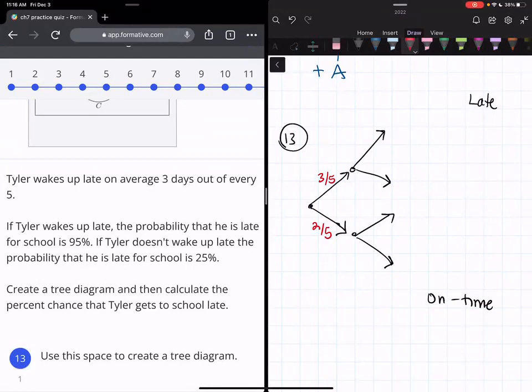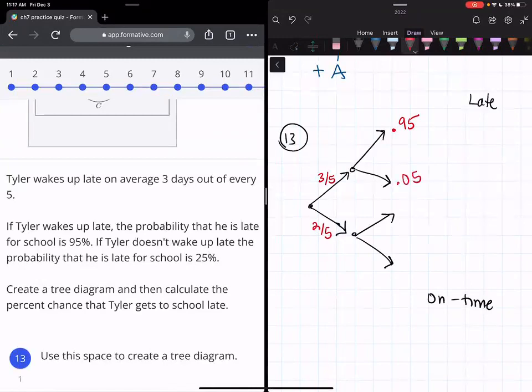If he wakes up late, so we're on the top branch of the tree, the probability that he is late to school is 95%. So where does that go? All the way at the top. So what would the other half of that one be? 0.05.